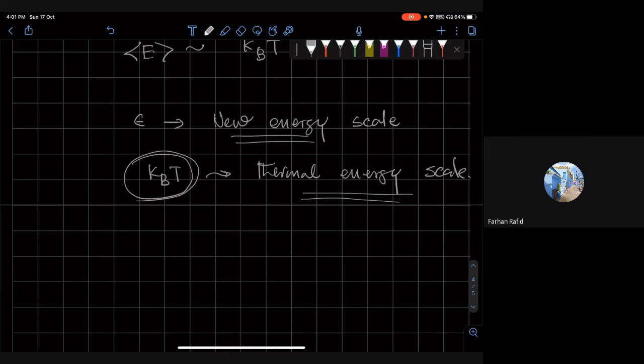It's possible that that's not how nature worked. It could have been the inverse, that it was somehow a very, very high energy scale. But that is not the case. In this case, the new energy scale is a small energy scale compared to the thermal energy scale. So this is not weird. It's just saying we're taking the thermal energies to be very large.